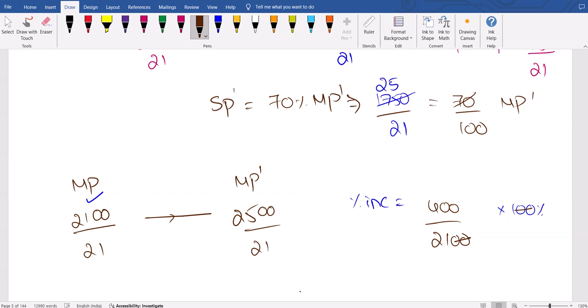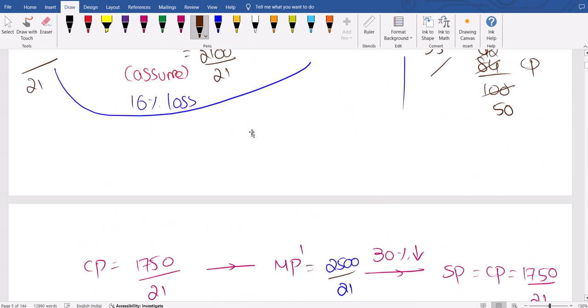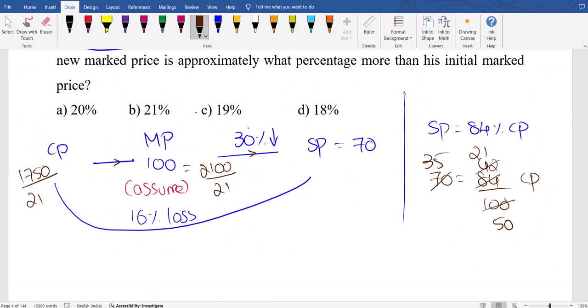So 20 times 21 is 420, we want less than 20, approximately 19 percentage, no? 21 into 19 is 399, approximately 19 percentage. Virtual calculator allowed, 19% is your answer. A small correction: instead of 84, I wrote 86 previously. Procedure, everything is same. Okay, fine.